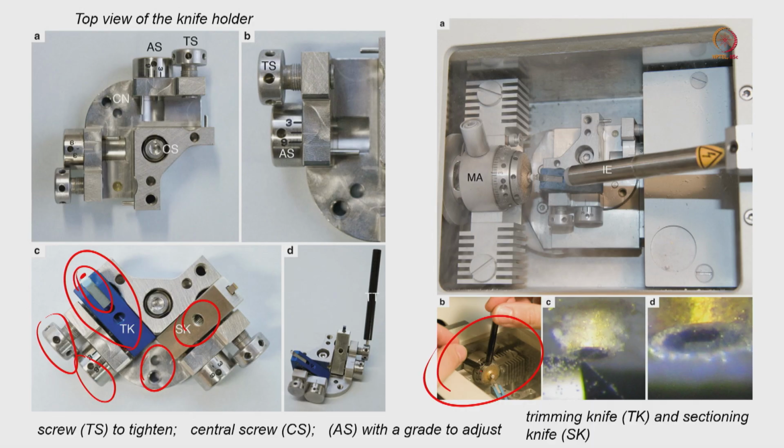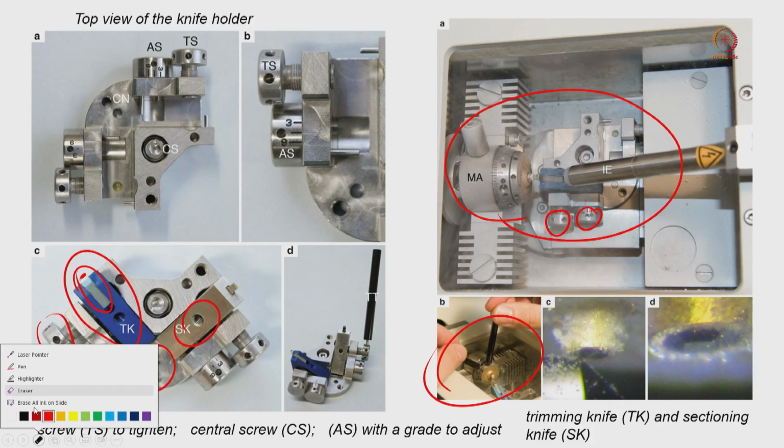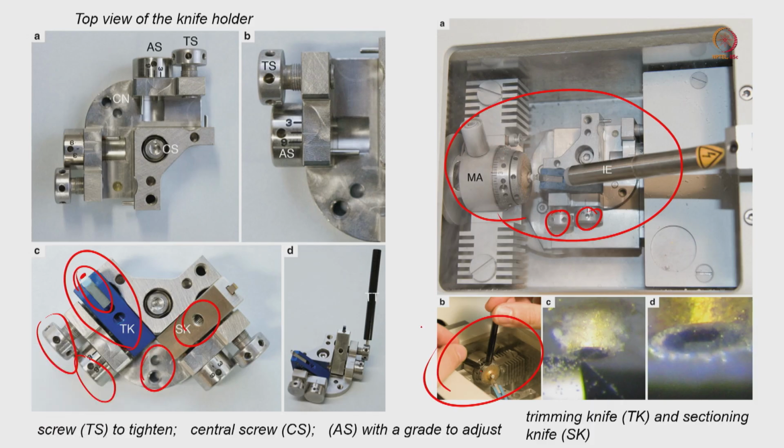The major important part is this particular area where we are using those different screws to tighten the knife, as well as to adjust this sample properly. When we have adjusted the entire sample properly, you can see this is the sample tip here, and this is your knife tip which is going to do the sectioning.